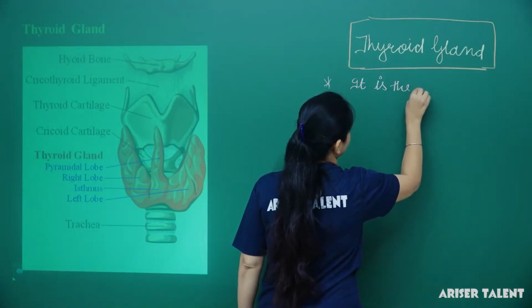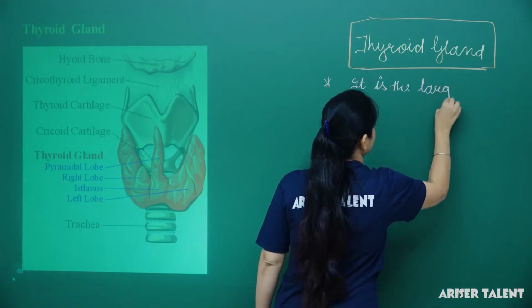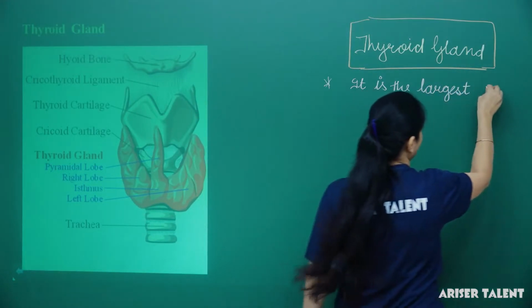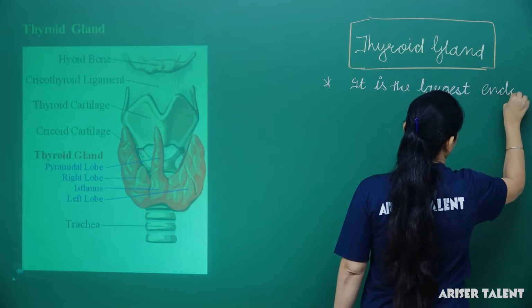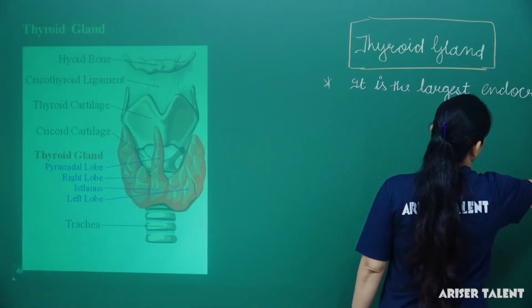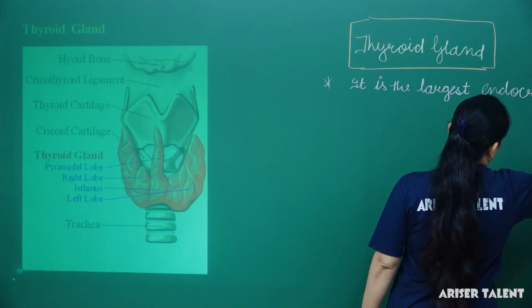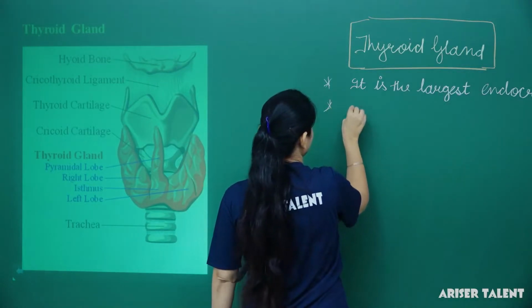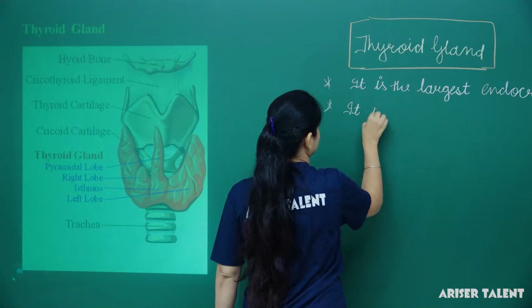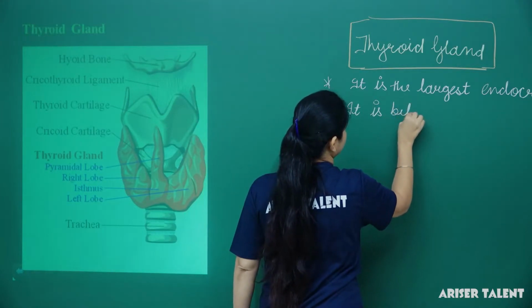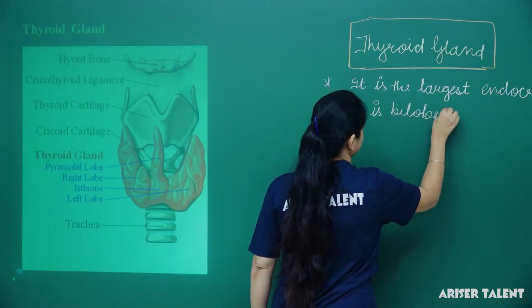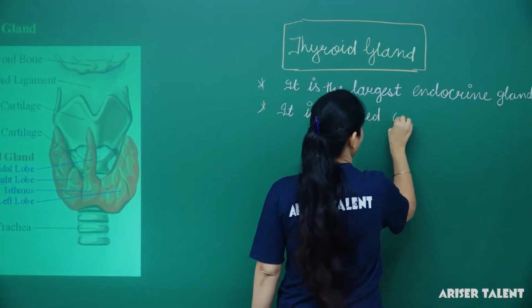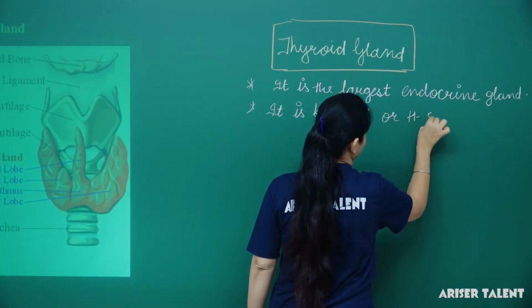The largest endocrine gland. Okay, it is bilobed or H-shaped.